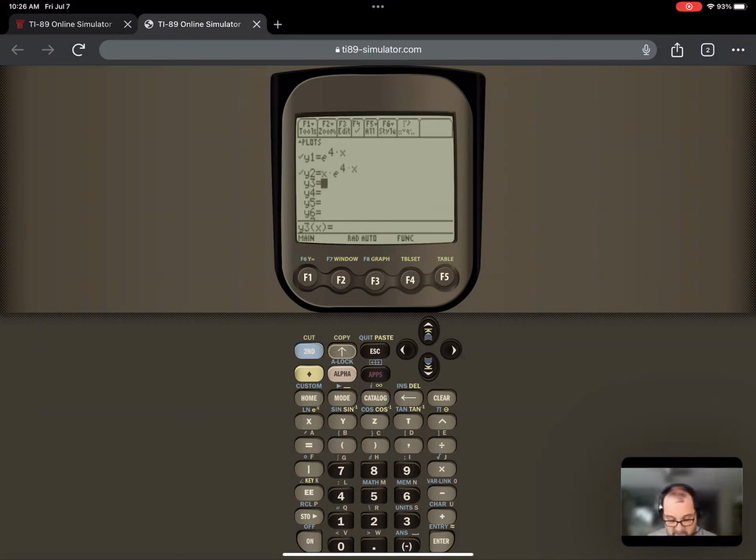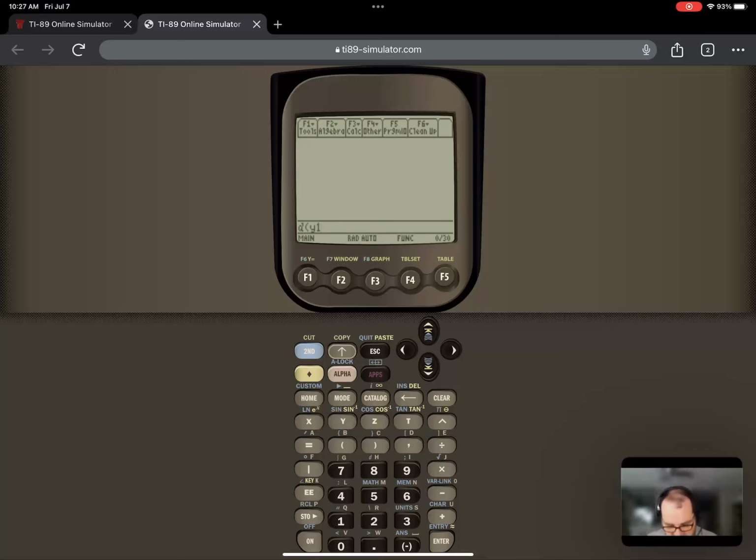Then I'm going to go back to my home screen, and there I'm going to have the calculator evaluate the left-hand side of our DE. I want the second derivative. On your calculator, that is second, and then the 8 key, which is derivative. Let's start with y1.